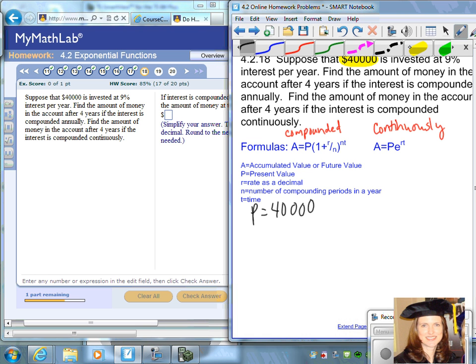The next number I see is 9%. That's your interest rate, but you want to write the interest rate as a decimal. R equals 9%, which is the same thing as 0.09.